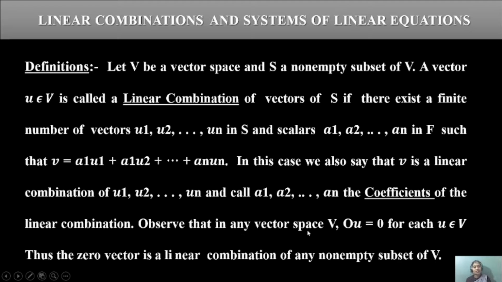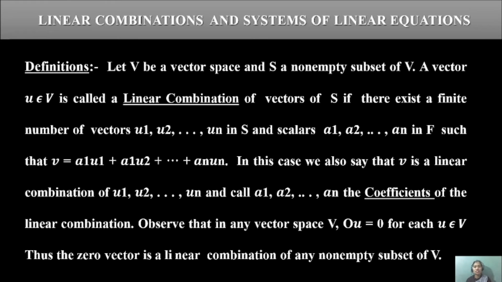Observe that for any vector u, 0 times u gives the 0 vector. Hence the 0 vector is also a linear combination of any non-empty subset of V. This is the definition of a linear combination.